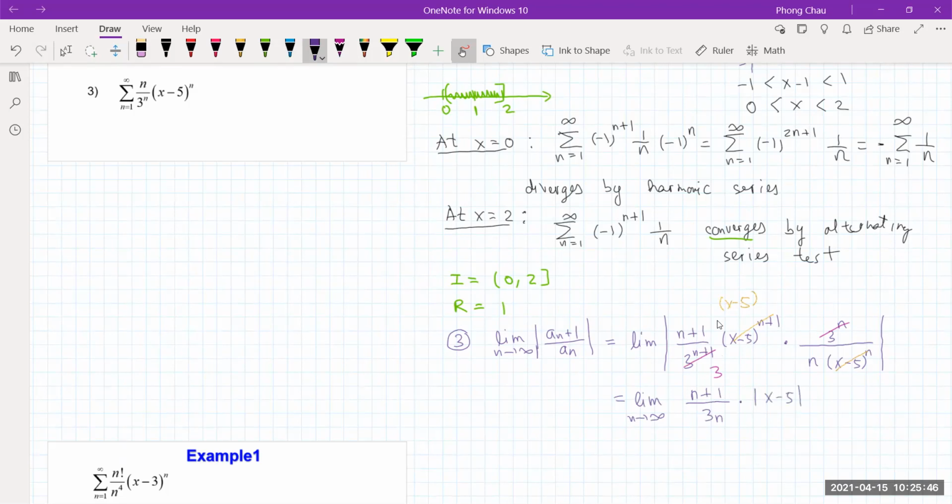So we got that left. Now if n approaches infinity, what does this quantity approach?